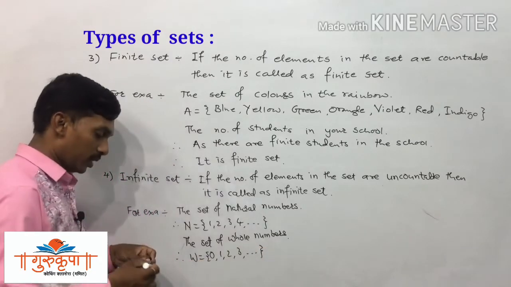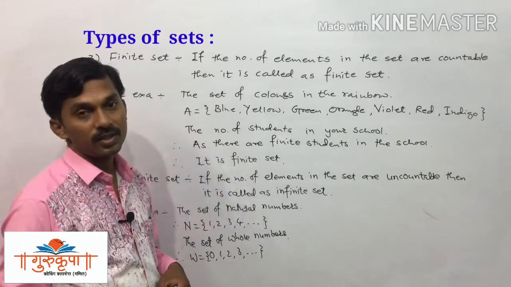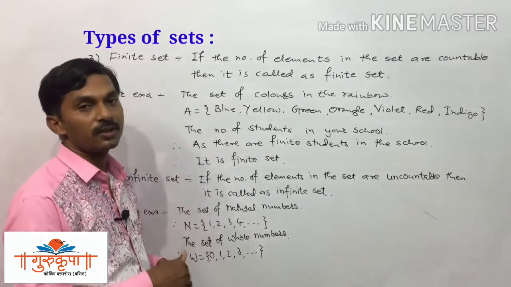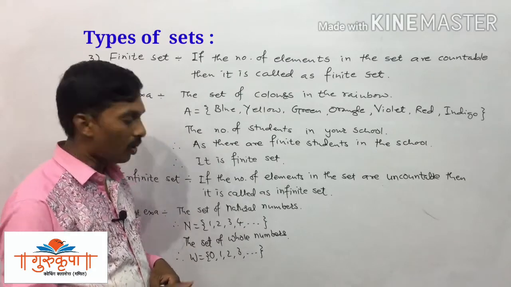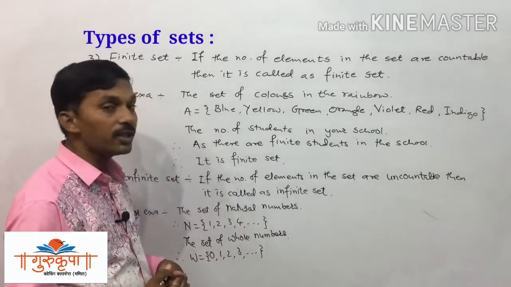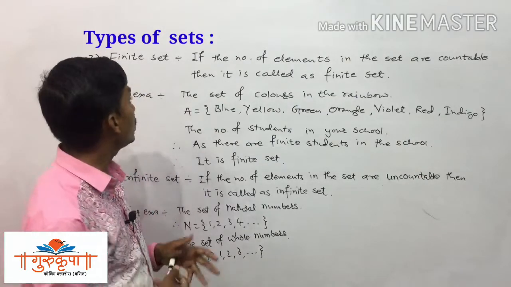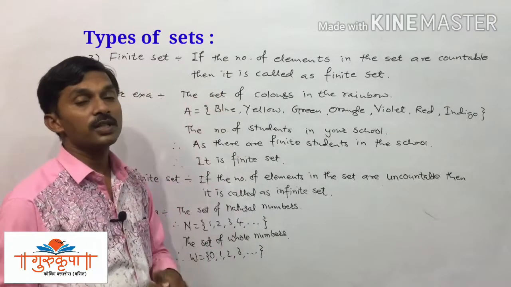You can write the set of real numbers, set of rational numbers, set of irrational numbers. All these sets are infinite sets. The set of integers is also an infinite set.